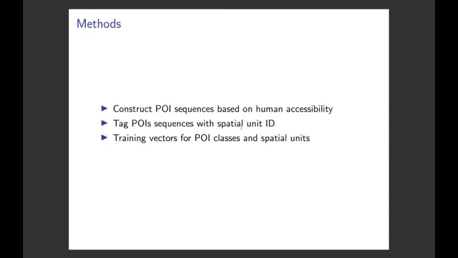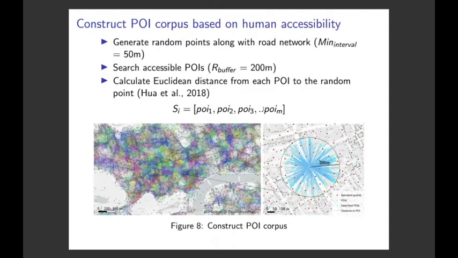So in the end, we not only get vectors for POI classes, we can also get a comprehensive vector for these spatial units. This is how we construct the POI corpus, basically POI sequences based on human accessibility.